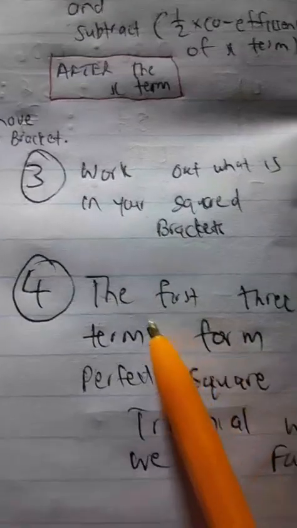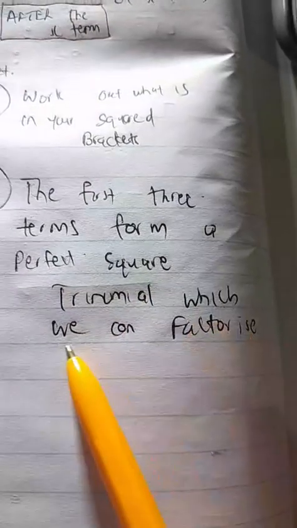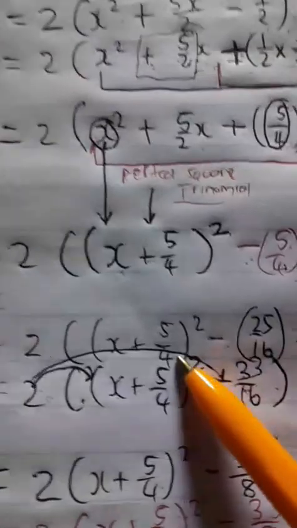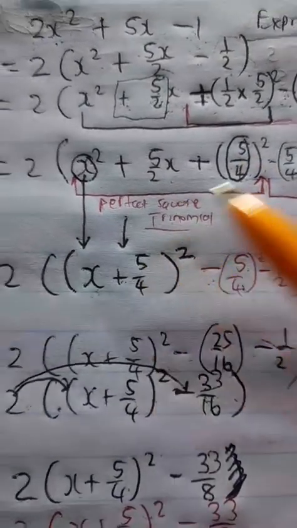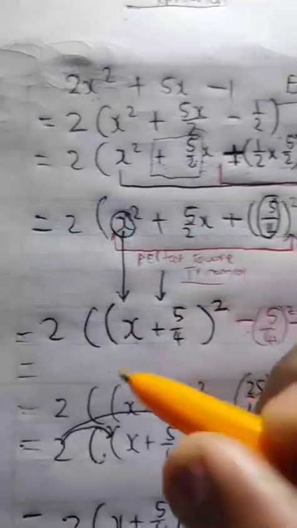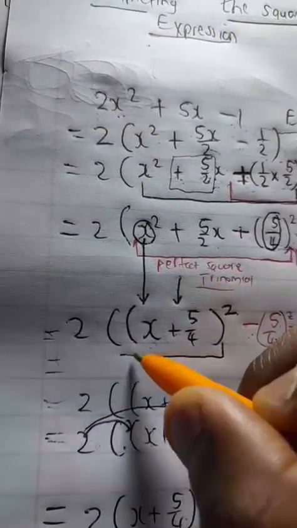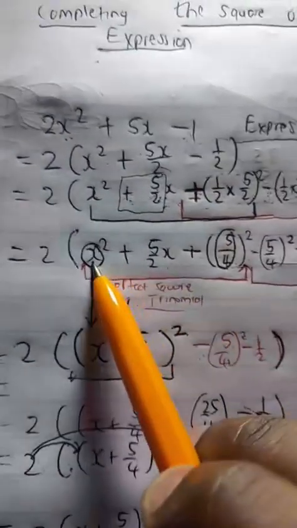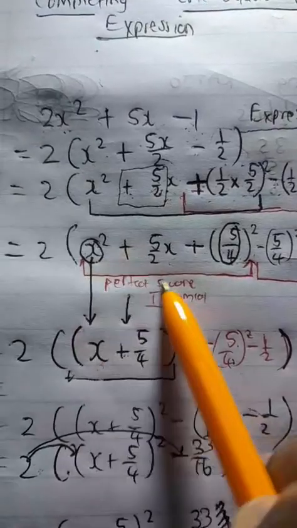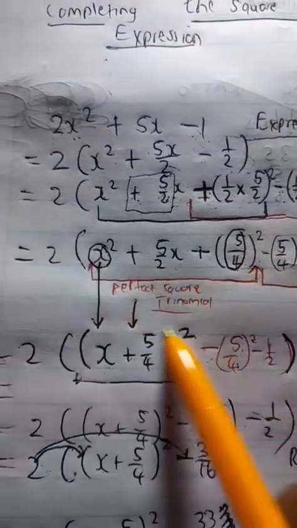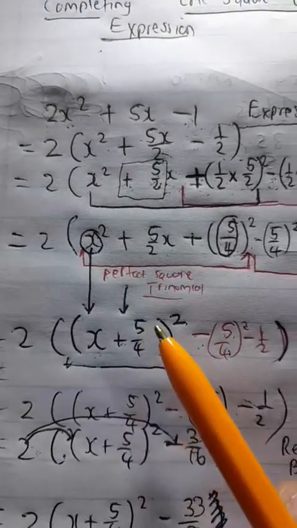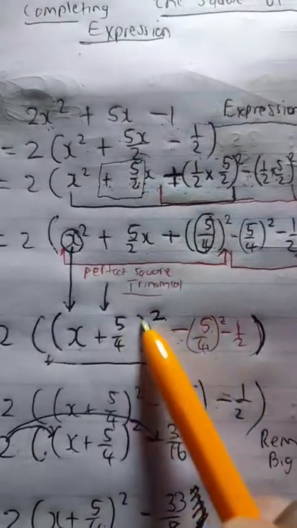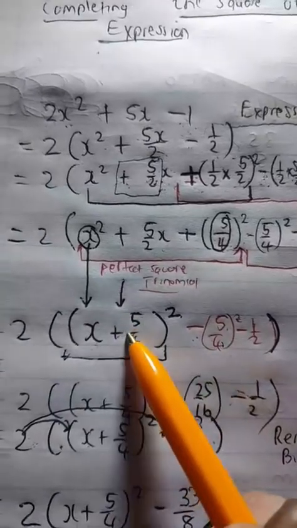So that's why I'm saying the first three terms form a perfect square trinomial which we can factorize, right? And this factorization is very quick and to the point. Remember, what we write here is a representation of what these first three terms are, the perfect square trinomial factorized. Are we together? So these are the first three terms factorized.